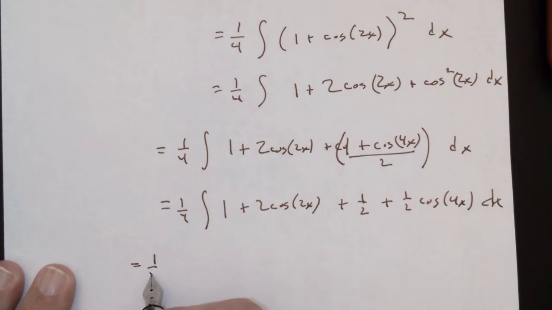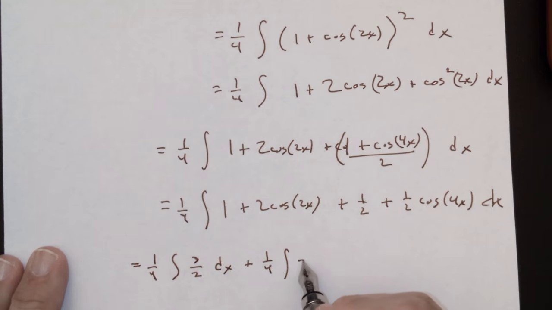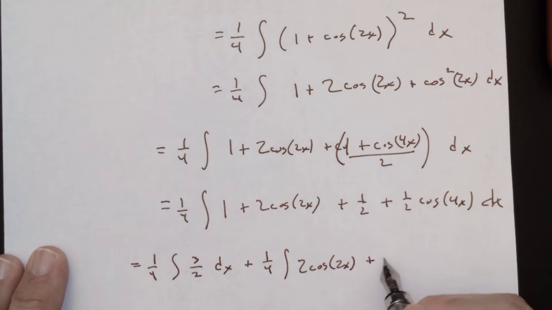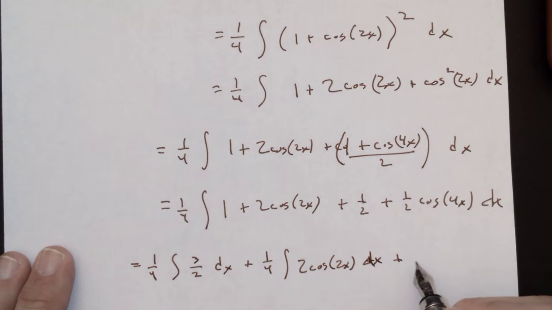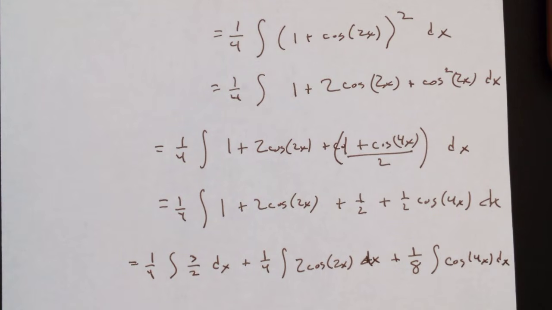I'm going to have the integral of 1.5, then I'm going to have 2 cosine 2x, and then I'm going to have an eighth cosine 4x. This was the same double angle formula, the same square reducing formula, twice.